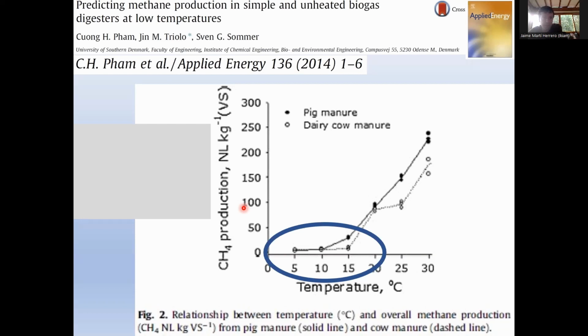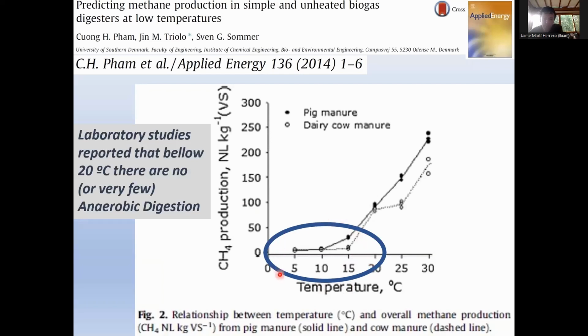We can find in literature that the amount of methane that you can produce against the temperature shows this kind of results. What they are saying in laboratory results is that when you work around 15 degrees, below 20, you are producing very, very little methane. So usually the people in Europe say it's not feasible to make methane at low temperatures.